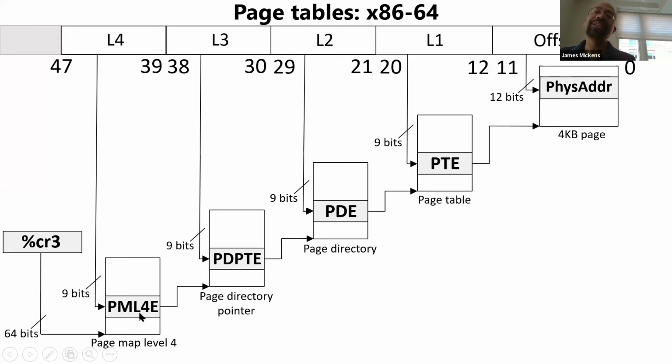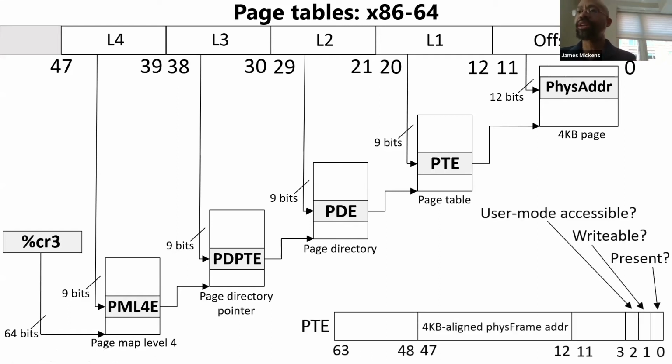A page map level 4 entry points to what Intel calls a page directory pointer. We then use some additional bits in the virtual address to find an entry in here, and so on and so forth, until we find a mapping which finally tells us here's the physical page to which the virtual address is mapped.